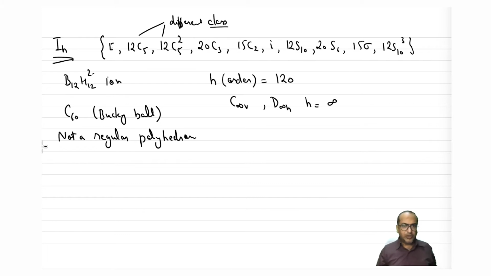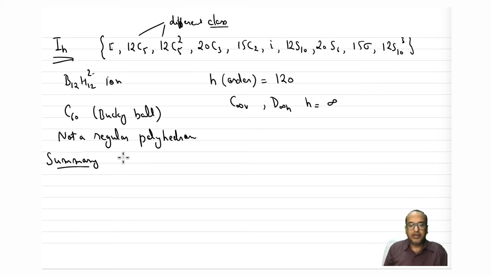Okay, so now you can see that there are different types of point groups available. So let us again summarize them. Summary of point groups.